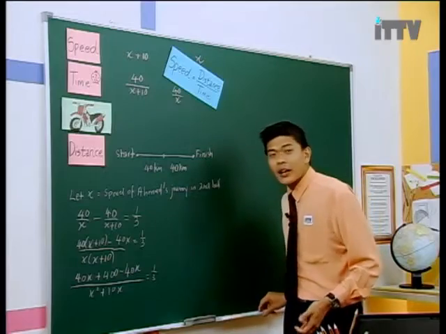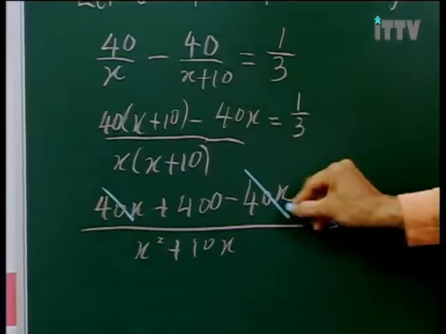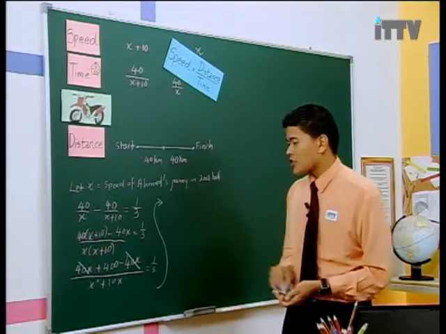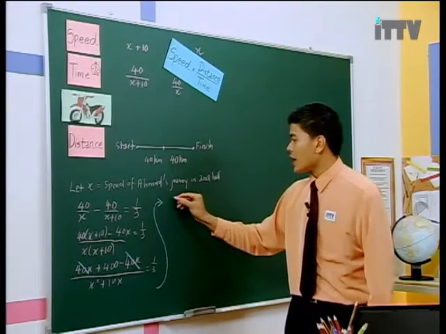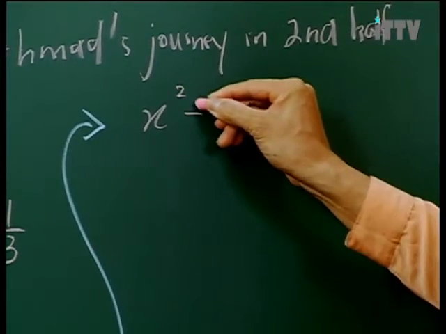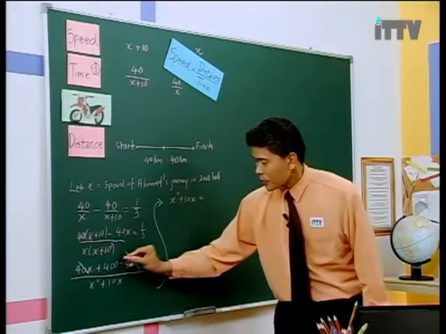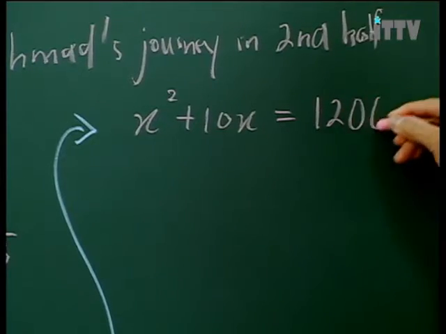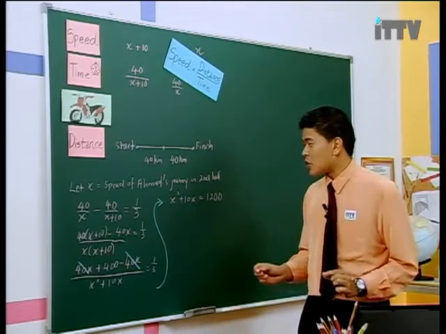And if you look carefully, we can simplify because 40x minus 40x is gone. Now let's cross multiply. x squared plus 10x times 1 gives you x squared plus 10x. And 3 multiplied by 400 gives you 1200. Look, you are almost getting the quadratic equation.